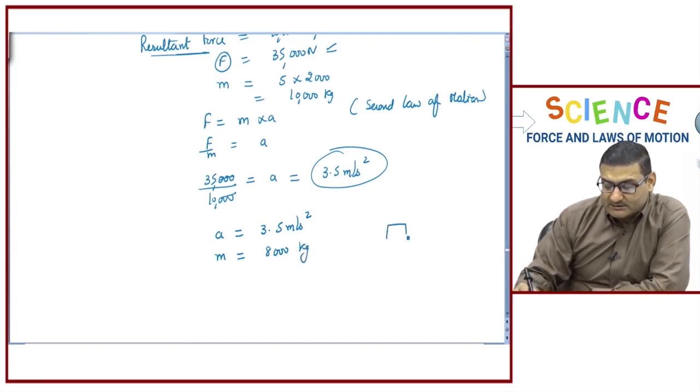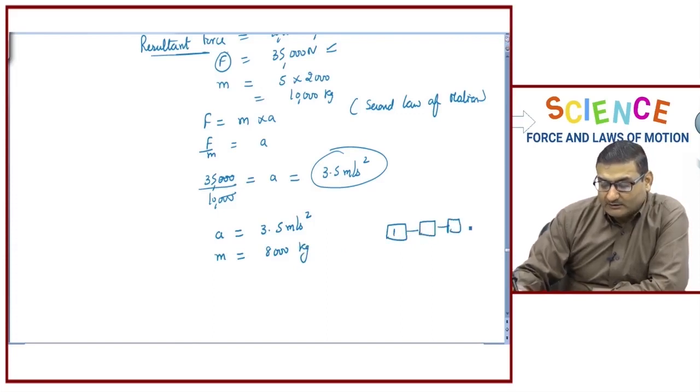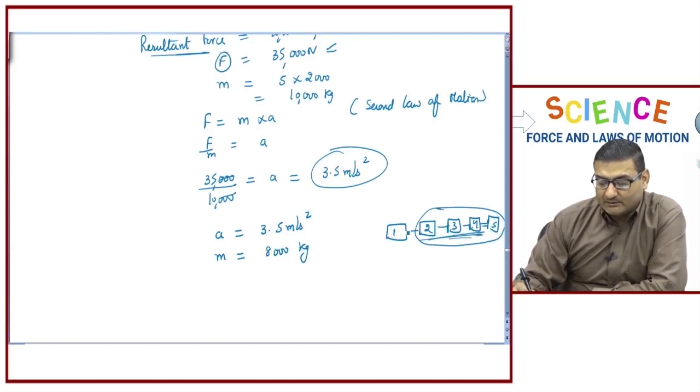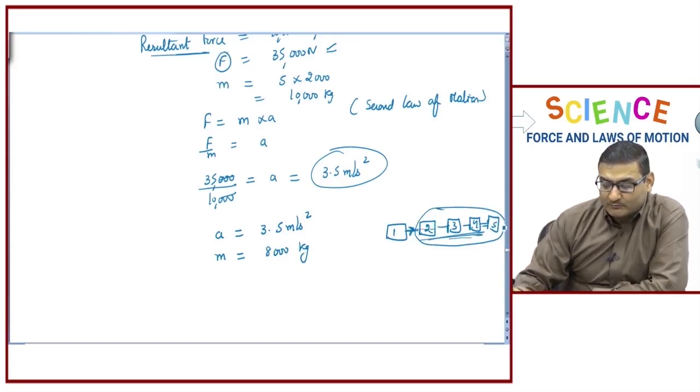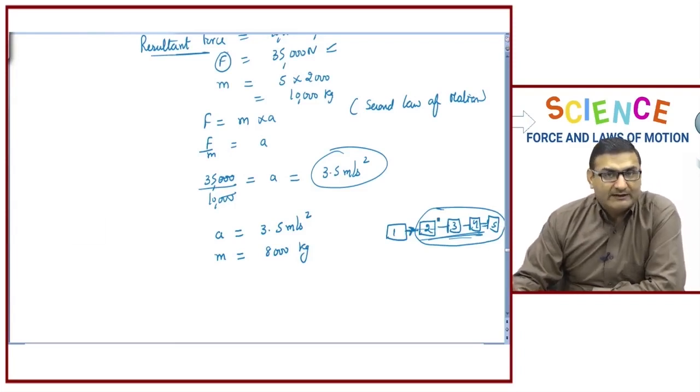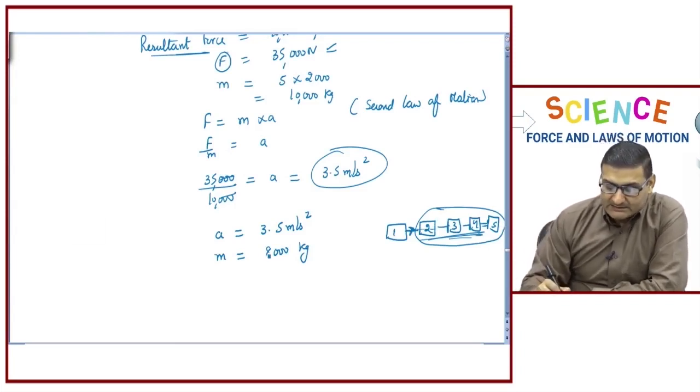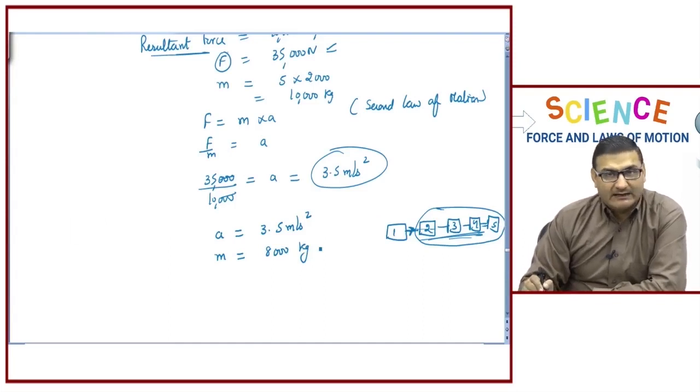Why? Because this was wagon number 1. When it is pulling wagon number 2, the third, fourth and fifth wagon are all going to be together, because this force which is applicable from wagon number 1 has to pull all, because they are all joined up, tied up. So the mass will be 8,000 kilograms.